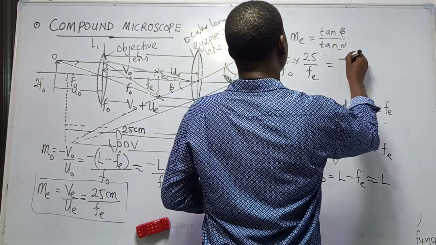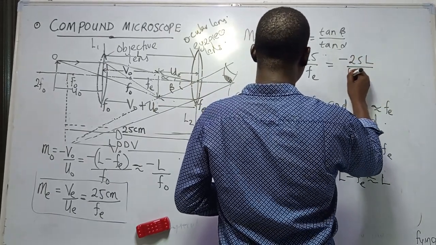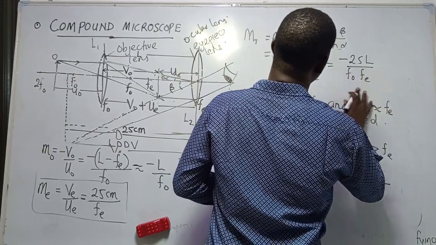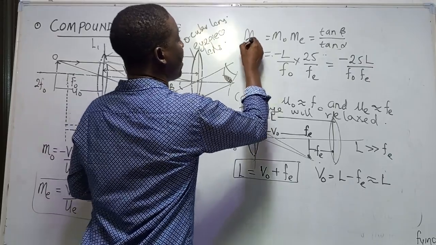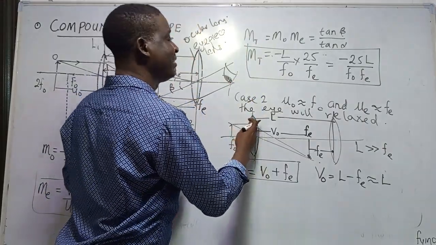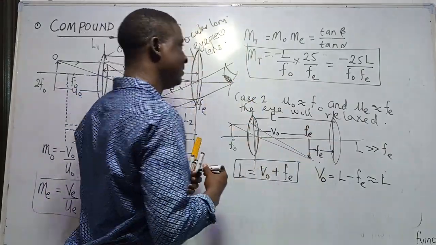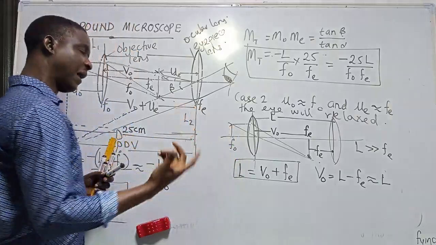So our final magnification will be 25L over F naught Fe. Don't forget, L is the length of the compound microscope, or the distance between the two converging lenses.